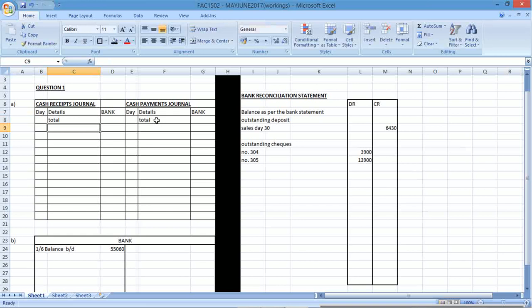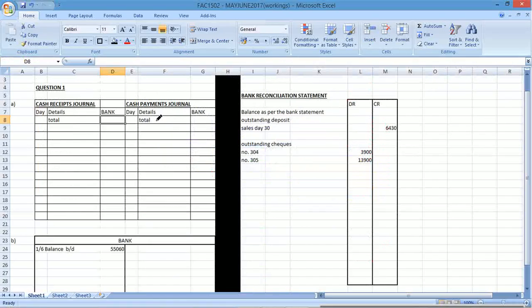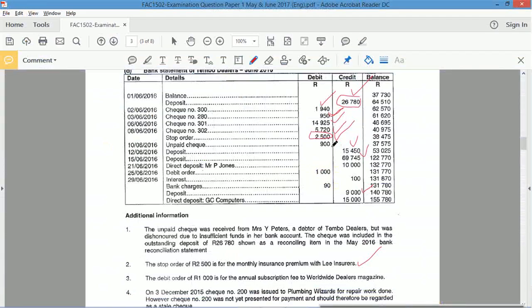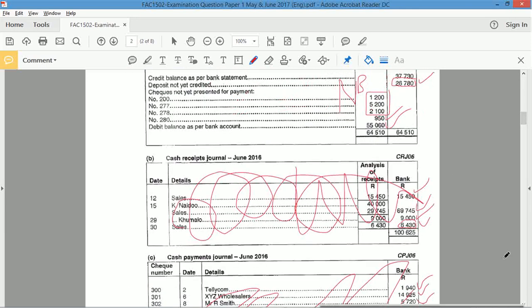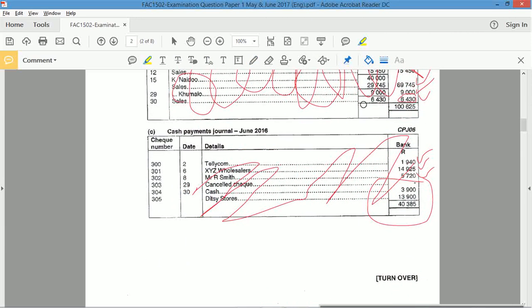And then we've got 2,500, which is here because this was for Lee Insurers. That's also for the 30th. All of this is the last day of the month. Okay, so there's your first line item that you've recorded. 2,500, I've done that. I do need those totals though, so I need to go back and just get those totals.